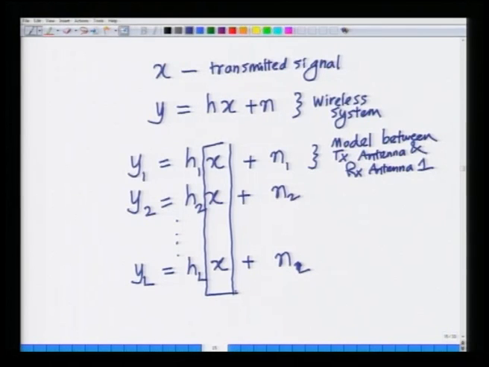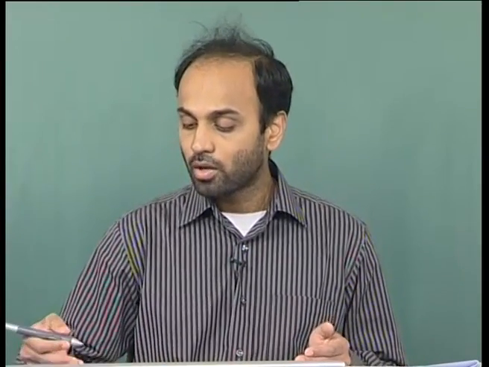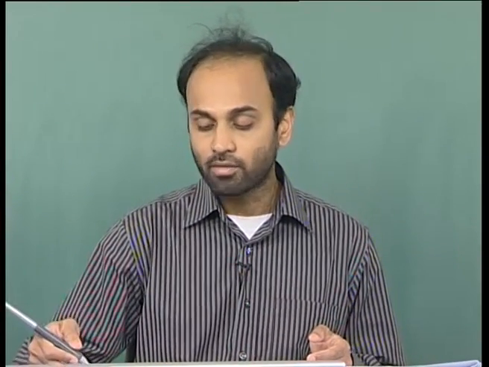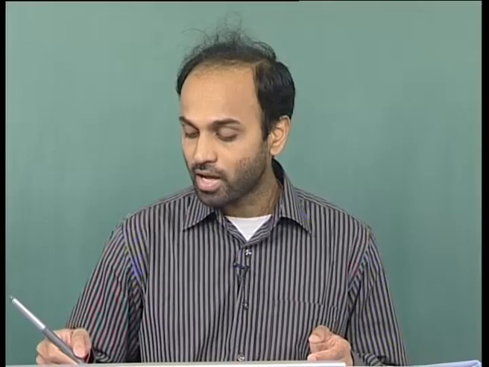Remember, we said we are receiving multiple copies of the signal at the receive antennas, and you can see now, because at y1 I am receiving h1x, at y2 I am receiving h2x, and so on. At yL I am receiving hLx, which means the same signal x is being received across multiple receive antennas. All right.